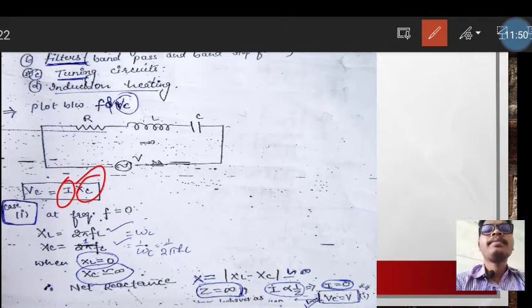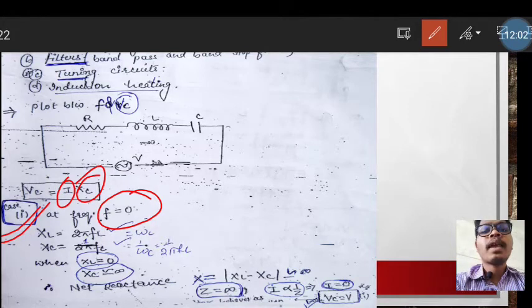So let us take one case at frequency f equal to 0. When f is equal to 0, XL is equal to 2 pi fL, so 0 into 2 pi is equal to 0. So XL is equal to 0.